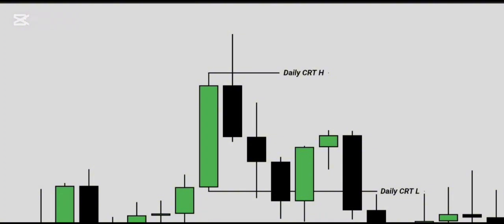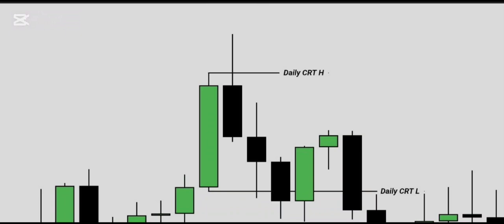As you can see in this diagram here, this screenshot, this is a daily CRT, right? I mark out the daily CRT high and the daily CRT low, and I wait for the market to purge either the high or the low and close.